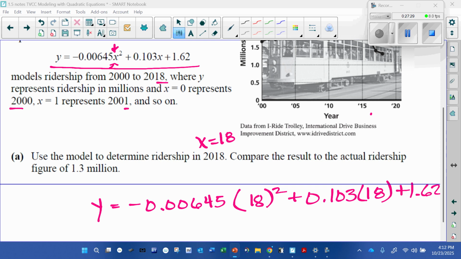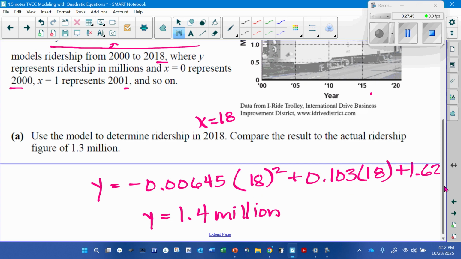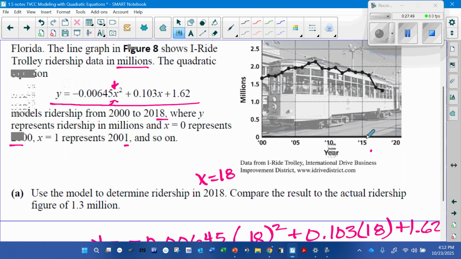So we type it all into the calculator, and we get that y, the ridership, is approximately 1.4 million. Now if we go back up here, 15 to 20, so 18 would be about right here.